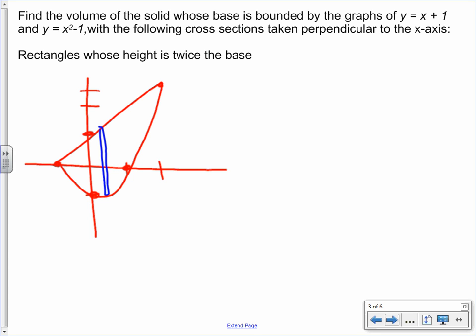The base of our rectangle, what's the base of our rectangle? Negative x squared plus x plus 2, because that was the top function minus the bottom function. How high are these rectangles? Twice that.